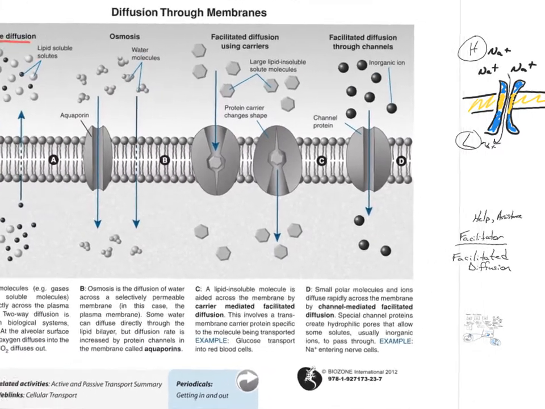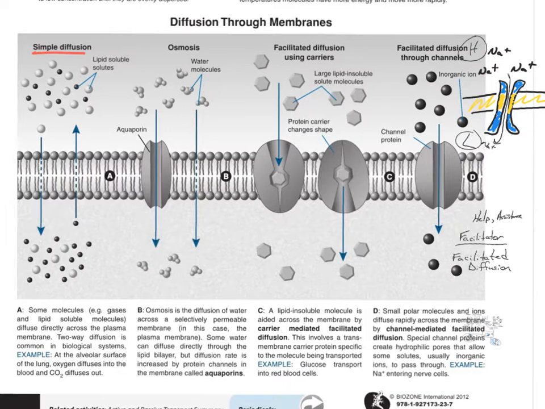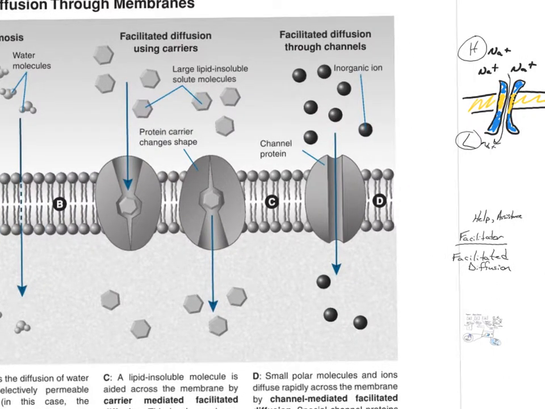Another facilitated diffusion example is a carrier. So here, notice the difference between a channel, like an aquaporin. Oh, by the way, the term is aquaporin. This is a pore, like a hole in the membrane, for what? For water, aqua. So what happens in this kind of facilitated diffusion is, in this case, sugar attaches to the protein.